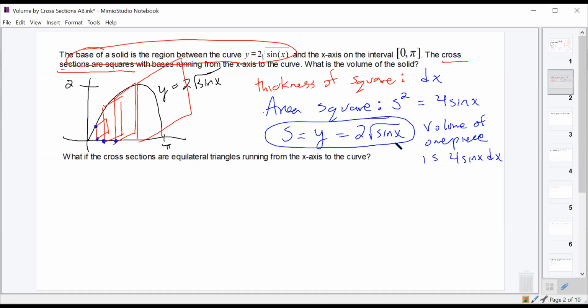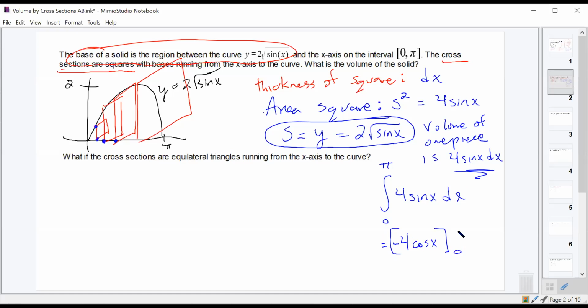Okay, thanks. And so now we've got the volume, which is the area times the thickness. And so all we need to do is integrate from 0 to pi of 4 sine x dx. And what's the integral of 4 sine x? -4 cosine x.